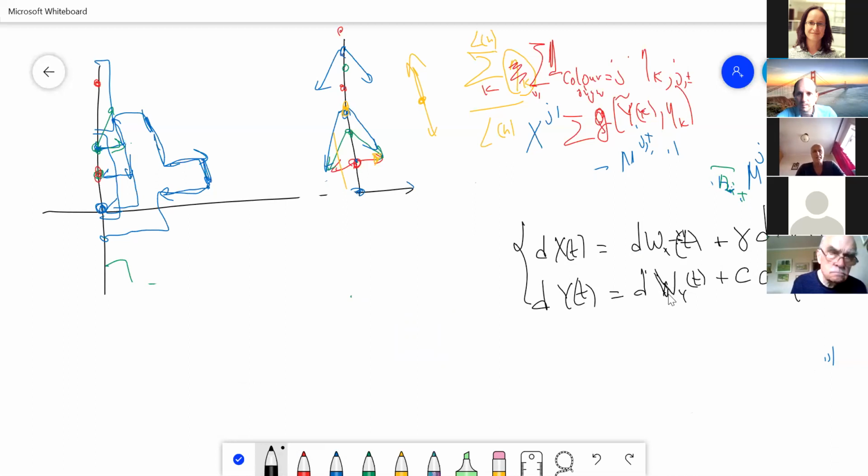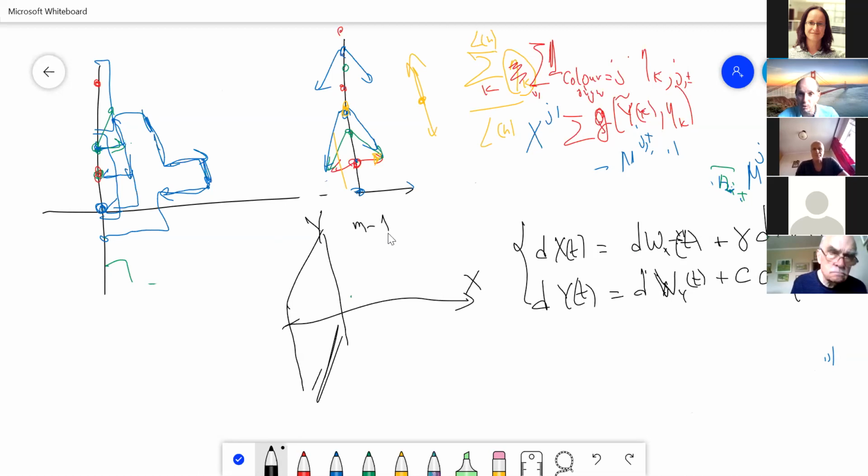You mentioned the different dimensions, but maybe in different dimensions you can also consider more complicated membranes. So in the multi-dimensional case, we have the x coordinate dimension 1, and the y coordinate dimension m minus 1.